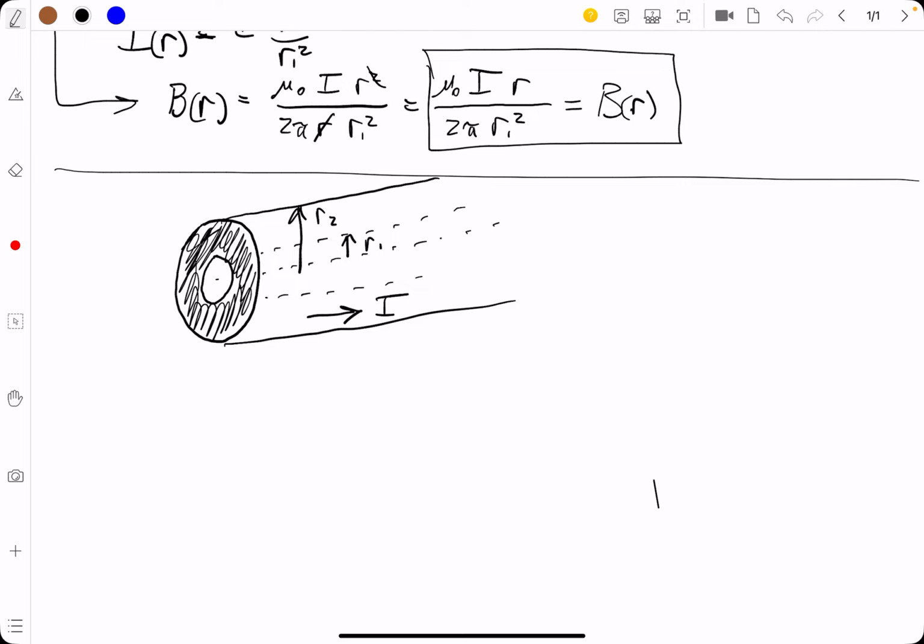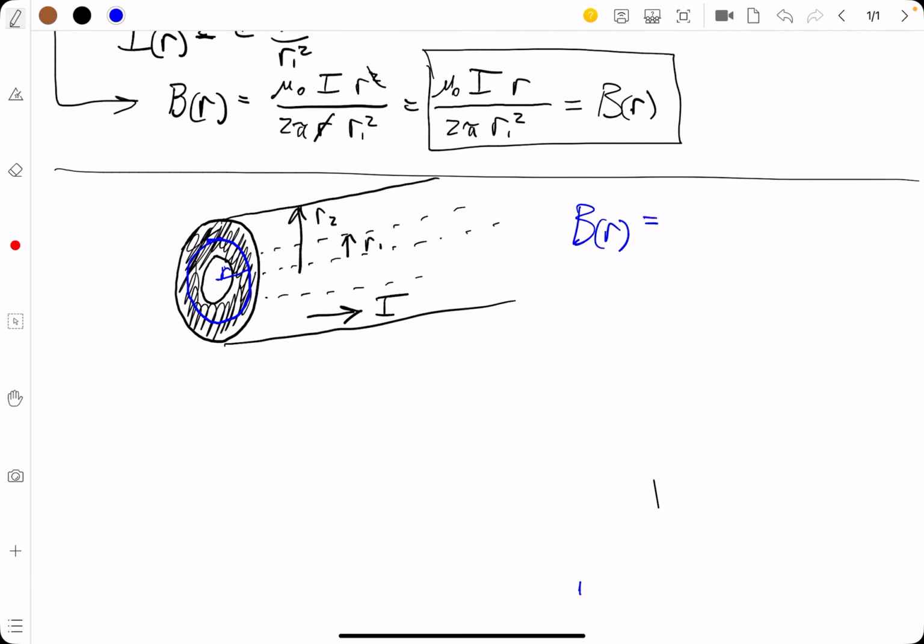So what do we do? How do we do this? We're going to draw a loop. I'm going to draw a blue loop right here. And that's the loop, some distance r. Okay, that's the loop that I want to know what my B field is at that point. Okay, so the question is B of r.